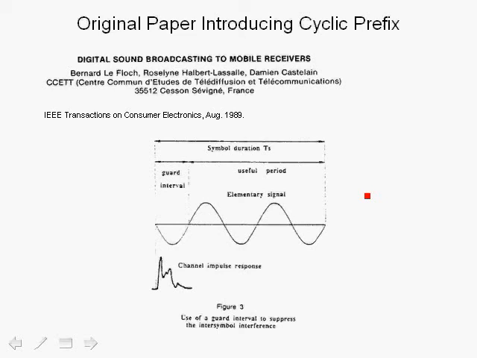In this paper, the cyclic prefix was introduced. The cyclic prefix allows for simple equalization using zero forcing in the frequency domain, since the cyclic prefix essentially gets rid of intersymbol interference that destroys orthogonality between the carriers in OFDM. So this was a very important paper in the development of OFDM.